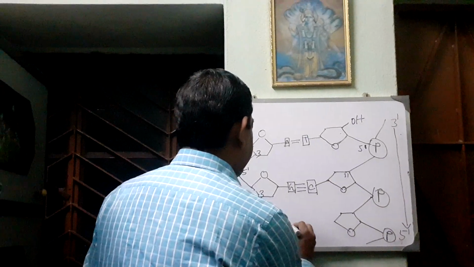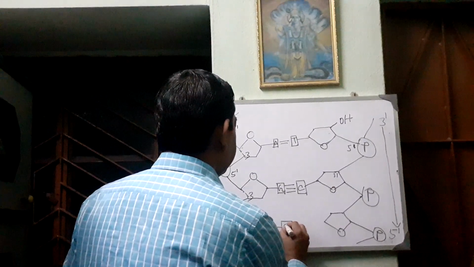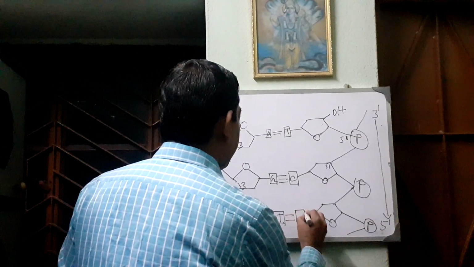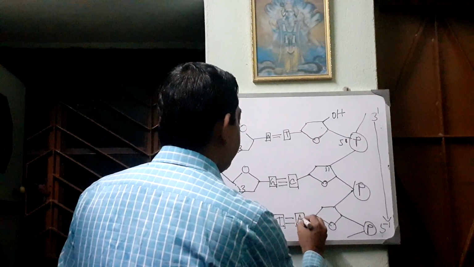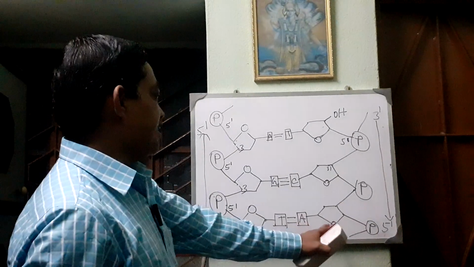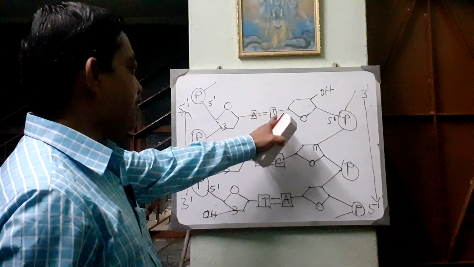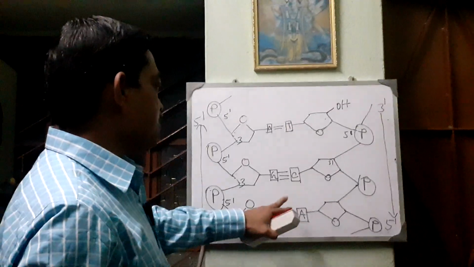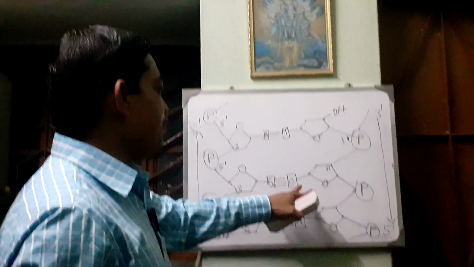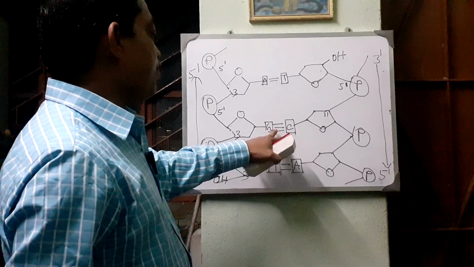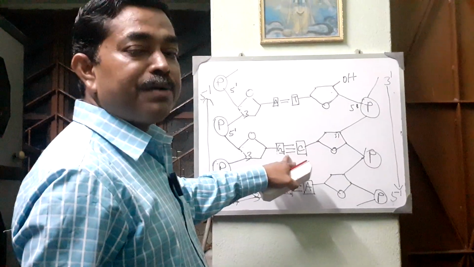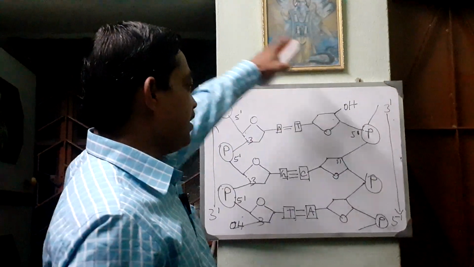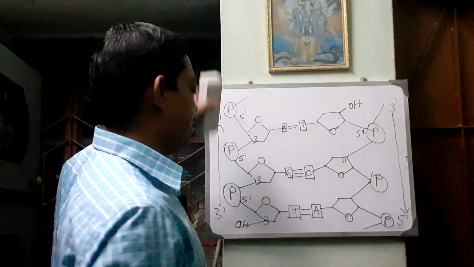Thymine combines with adenine by a double hydrogen bond. So adenine always combines with thymine with 2 weak hydrogen bonds, and guanine always combines with cytosine with 3 weak hydrogen bonds. This is the general double helix structure of DNA.